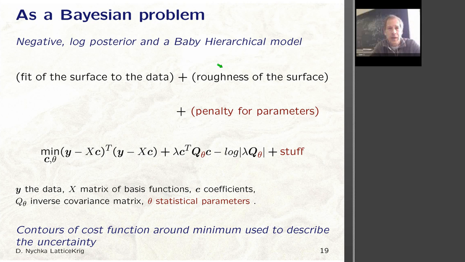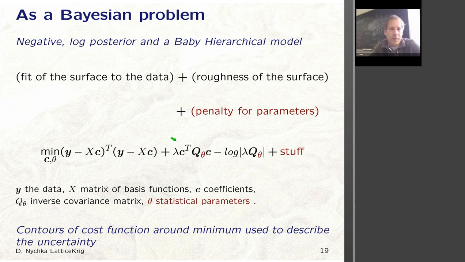There might be a prior that we would put on these parameters theta that are controlling this Q matrix. So in spline terminology, we would call Q a roughness penalty, or this whole term a penalty matrix. But really for us, it's just a spatial model for these coefficients that live on a lattice.